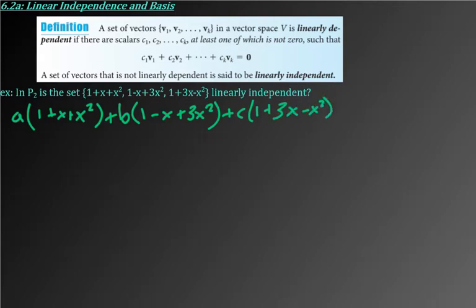And you want to set this equal to 0, and you could distribute in, combine like terms, do it all that way. But we can use the tools that we've already learned.